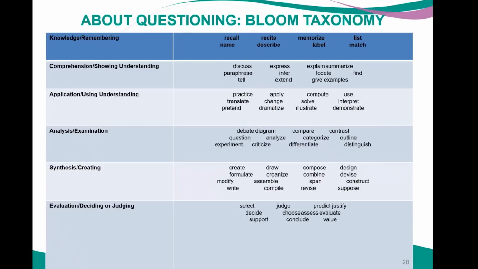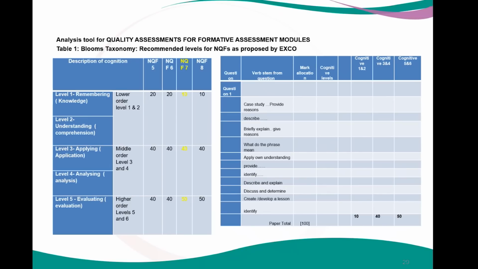These are the verbs that we use to develop those questions. Have an understanding of what Bloom's taxonomy is. Now, your question paper is a level 7 question paper. We have level 1 of Bloom's taxonomy, remembering; the remembering questions only have 10 points. Understanding and comprehension, it's only 10.